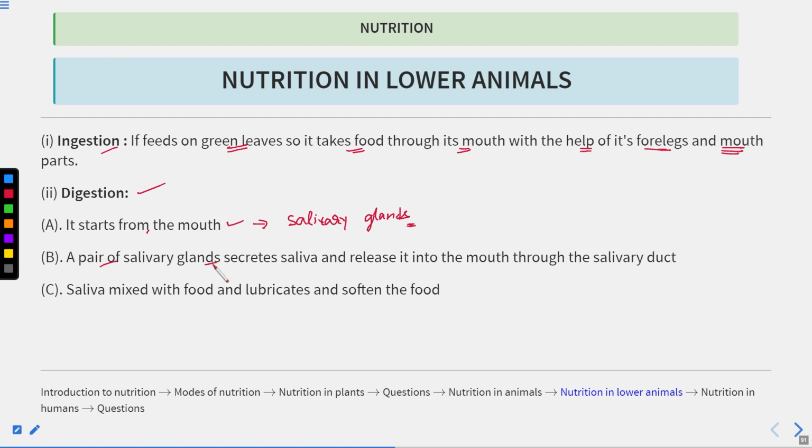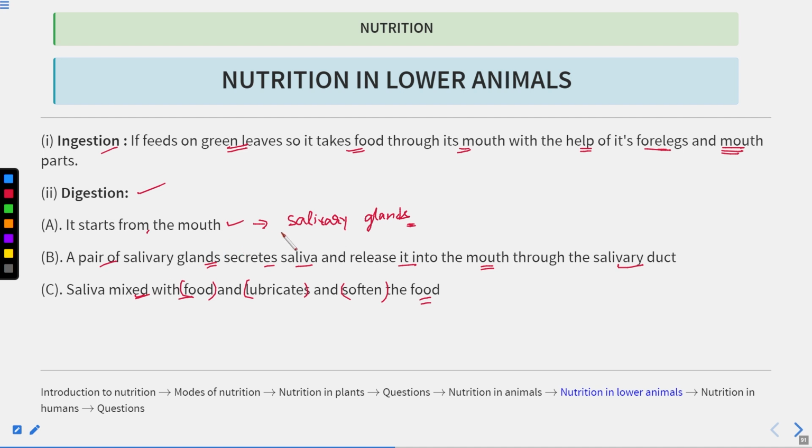A pair of salivary glands secrete saliva and release it into the mouth through the salivary duct. The saliva mixes with the food, lubricates and softens it, and because of this it can be easily ingested. This is the role of the saliva.